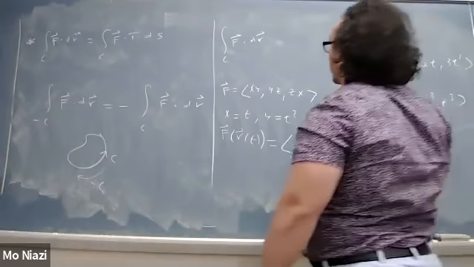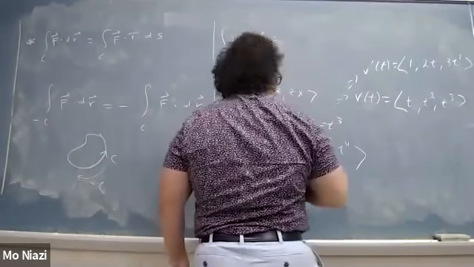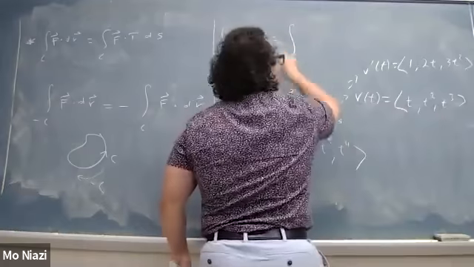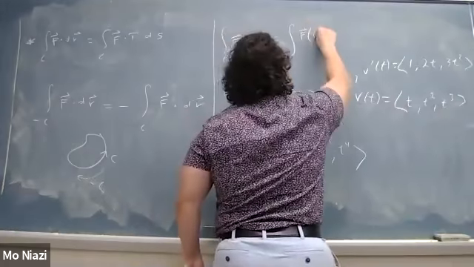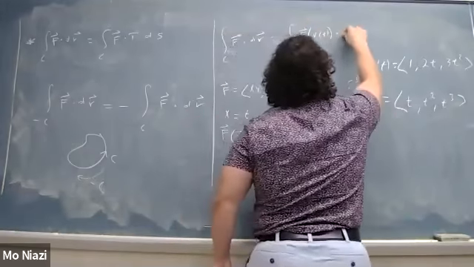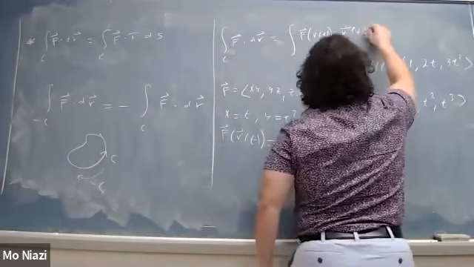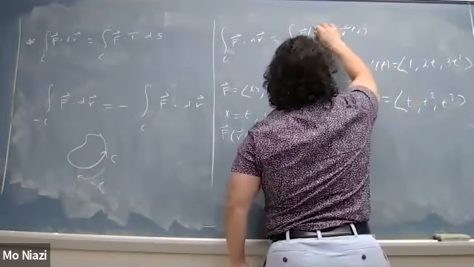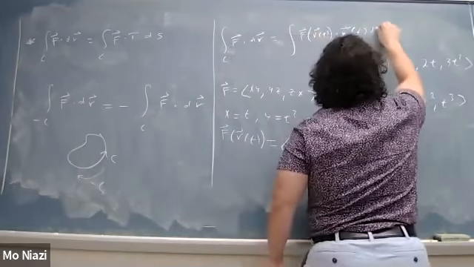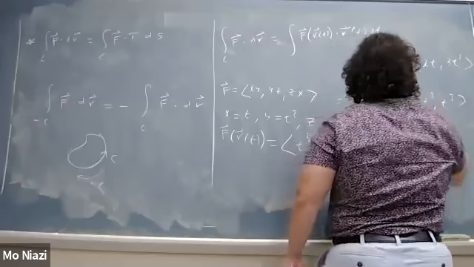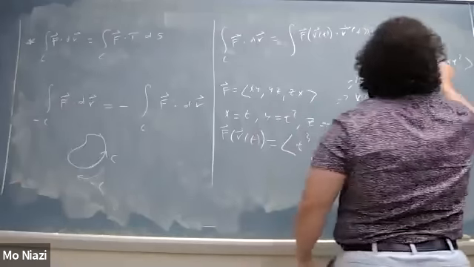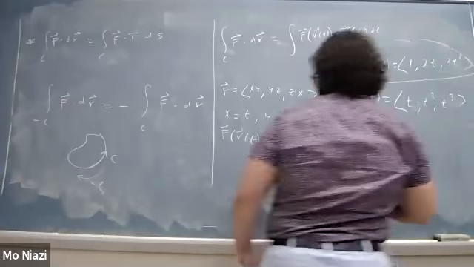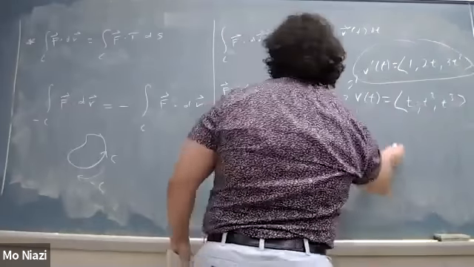So this is the same thing as the integral of f of r of t dot r prime of t dt. That's the same thing as taking the dot product between this guy and this guy.